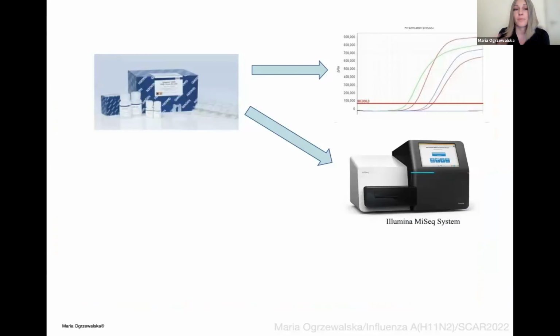In the laboratory, we extract RNA and first run real-time PCR to screen the samples for the presence of influenza A. Then the positive samples we sequenced on the Illumina MiSeq system.